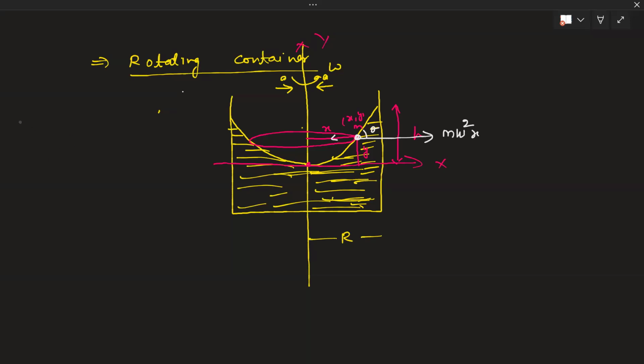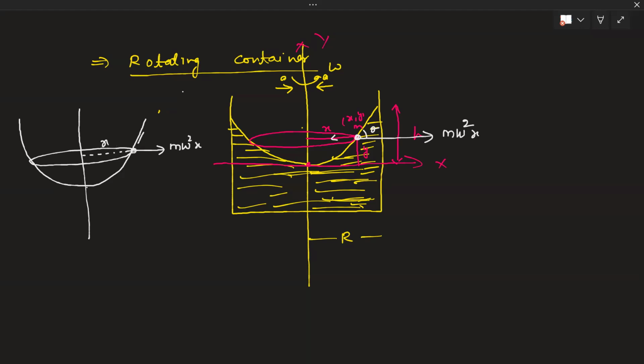So this was the curve I am making to explain better. There is one particle here, and this is the center. This particle is rotating in this path. Acceleration is inward, so the pseudo force will be outward, that is m omega square x, where x is the radius.